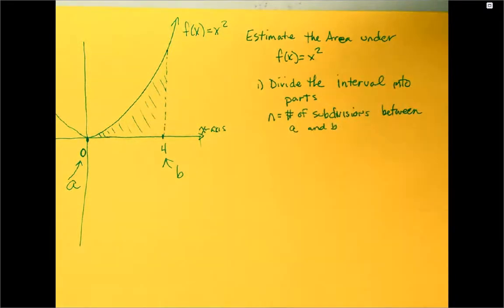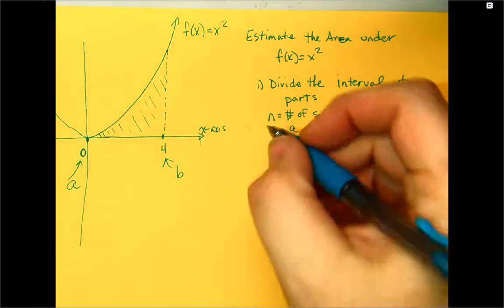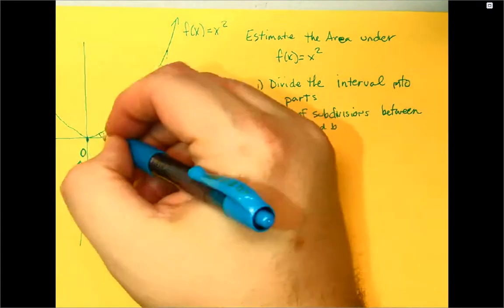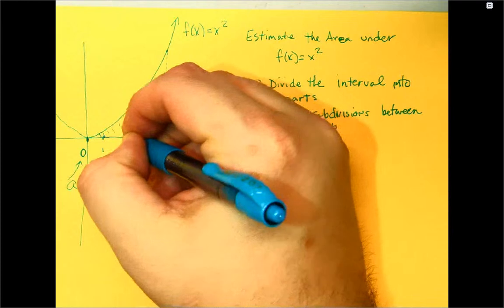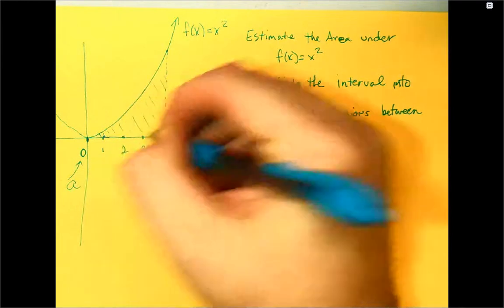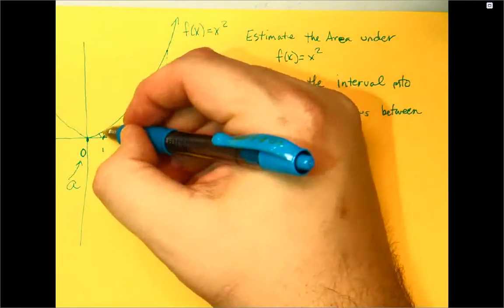So basically, what we want to do is cut it up into smaller pieces. We want to say how many pieces we're going to cut it up into, and then we are going to estimate those areas. Now, let's put a 1, a 2, and a 3. And so we have these points right here.